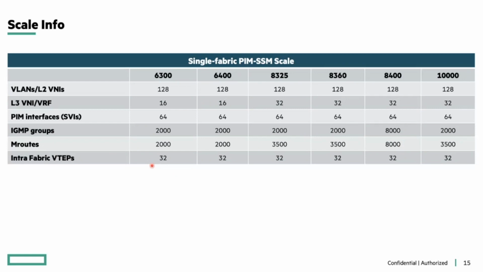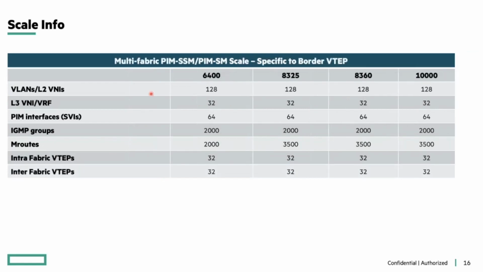So within the fabric, 32 VTAPs are supported. Let's look at multi-fabric, and specific to the border VTAP, the main difference is at the border, there's the inter-fabric VTAP. So 32 within and 32 inter. They can peer to other fabrics.